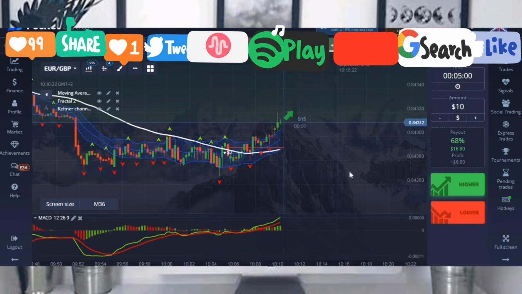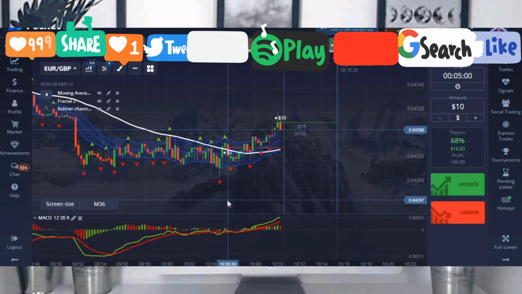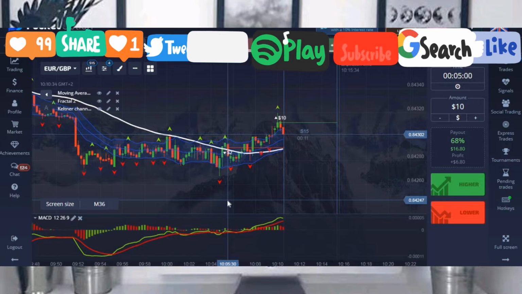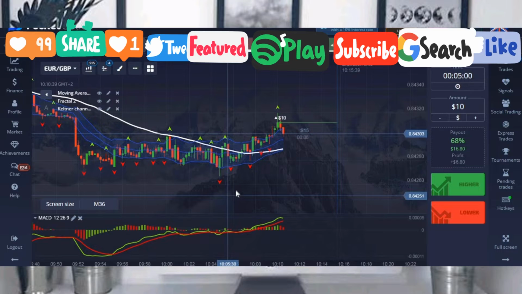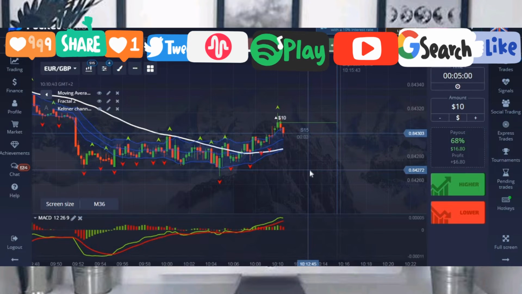Here you can see the price went against our trade. For that we have lost, but we have traded more in this signal, and we need to wait for the result.